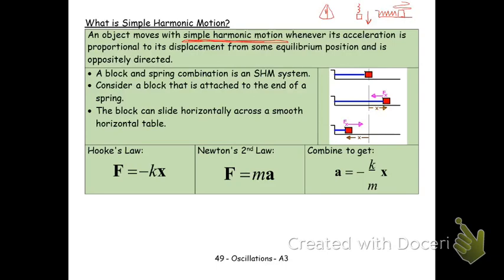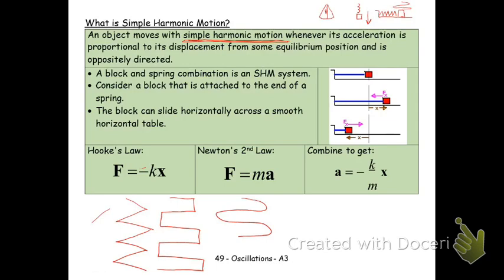Not every oscillation is simple harmonic. Some oscillations, if you looked at them, would go like that. And some oscillations might go like that in time. And time's going downwards, and some oscillations might go like that.